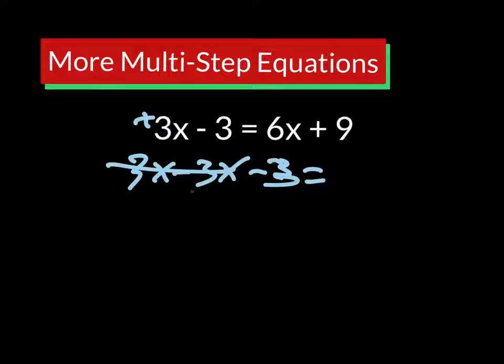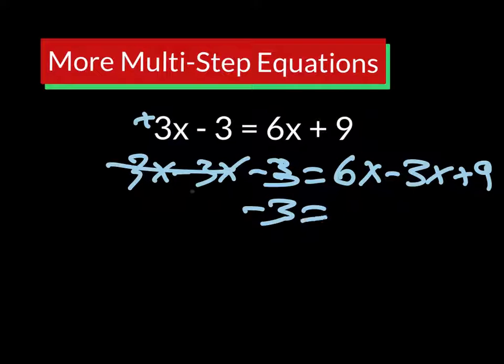But whatever we do to one side, we also have to do to the other side. So on the other side, we have 6x minus 3x plus 9. So that's going to give us minus 3 equals 6x minus 3x is 3x plus 9.